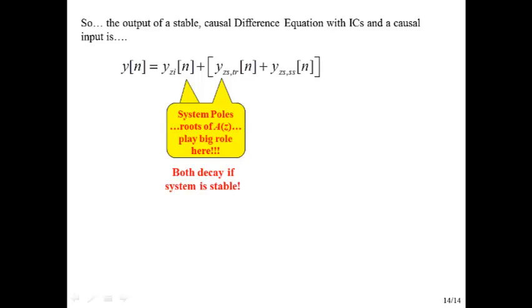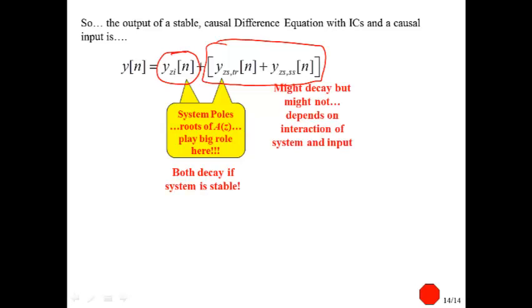So the big things that we're seeing is that our system response gets broken down into two big parts. We've got the zero input part that's due to just the initial conditions. We've got the zero state part that is due just to the input, and then we can break those down further.